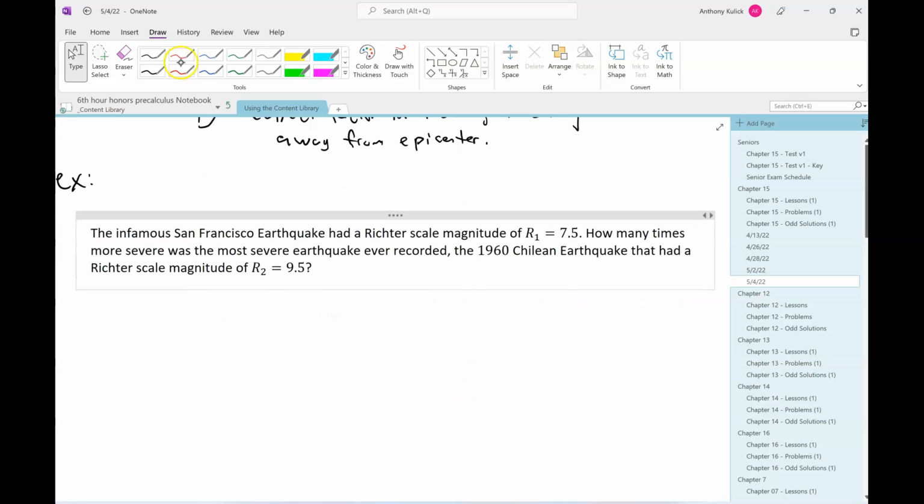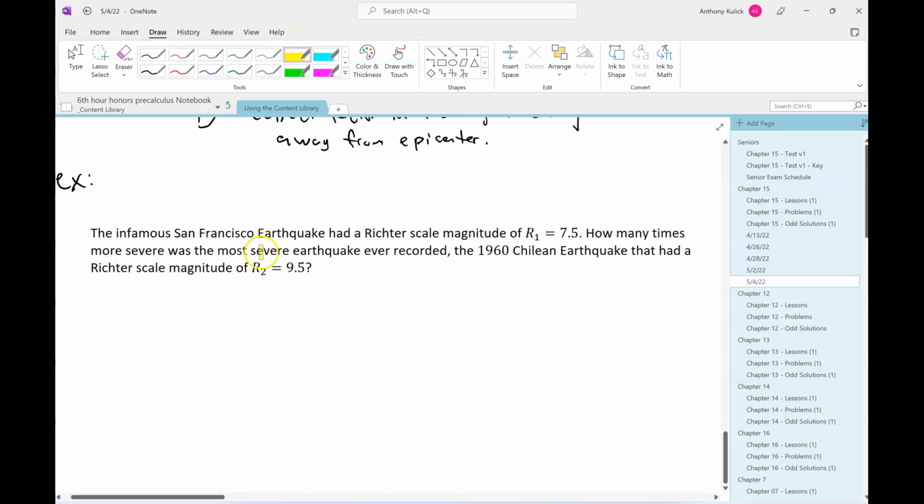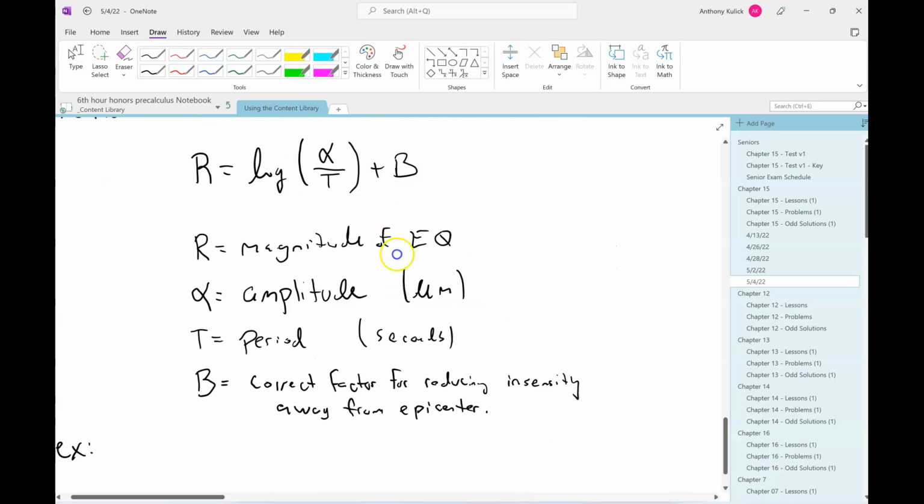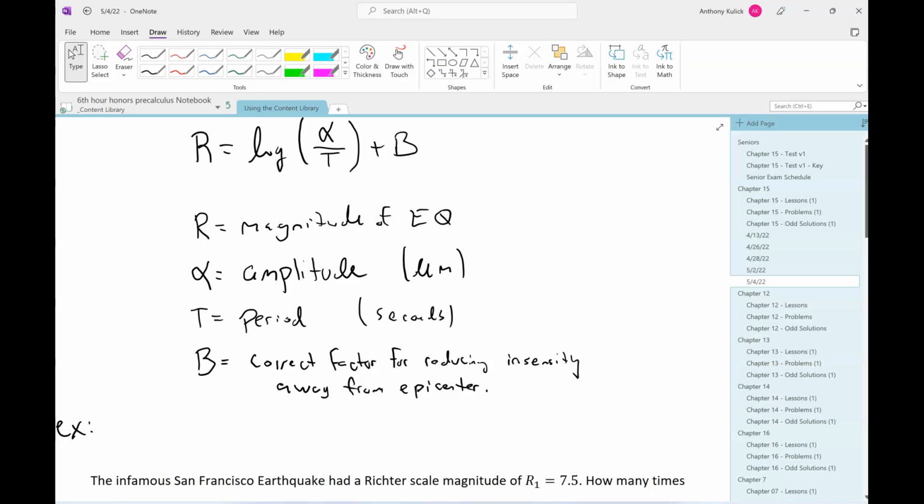So, couple of things here. When we talk, it's asking about severity, right? And we look at these measurements or these factors we have, which one of these would describe the severity? It would be this part, right?